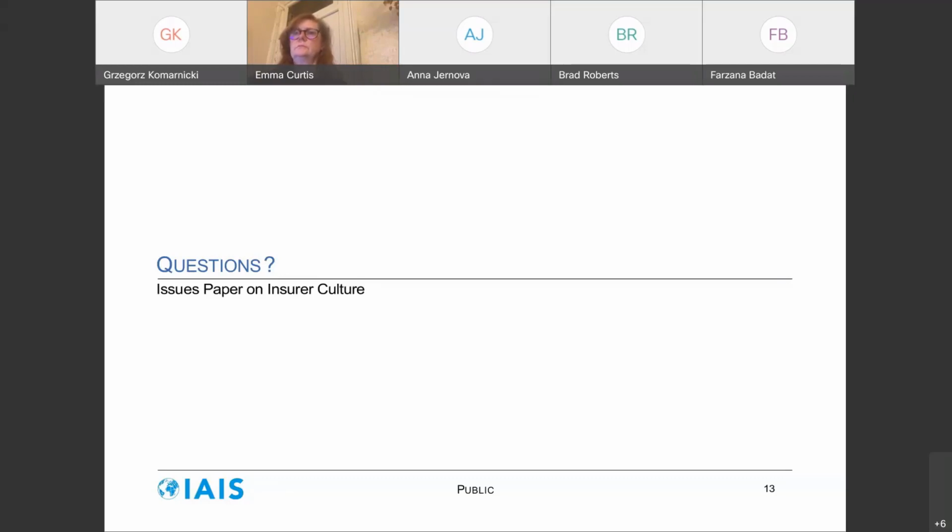And so looking at culture is something that I think historically many have found quite difficult to measure or to assess, and it is something that we've tried to look into. We're not trying to prescribe that this is what a good culture is, and I think that goes to your point about subjectivity.